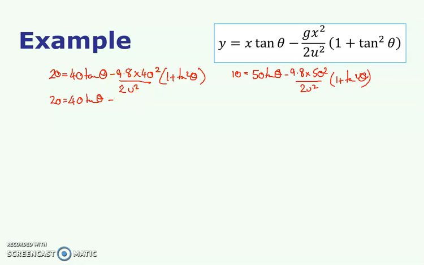I've got 9.8 times 40 squared divided by 2, and that's 7840 over the u squared still, 1 plus tan squared theta. And on this one I get 10 equals 50 tan theta minus 9.8 times by 50 squared divided by 2.